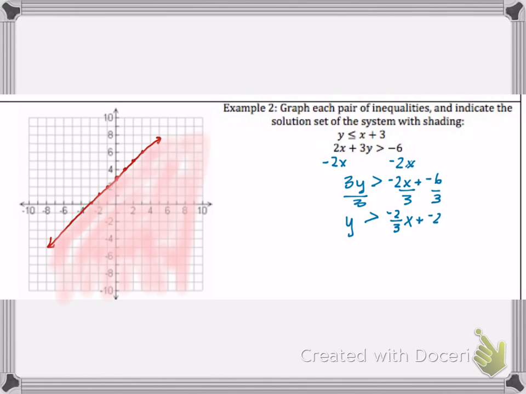And so then I can come over and graph that where I have a y-intercept of -2. And my slope is going to be down 2 over 3. And because that is a greater than, it is going to be a dashed line.